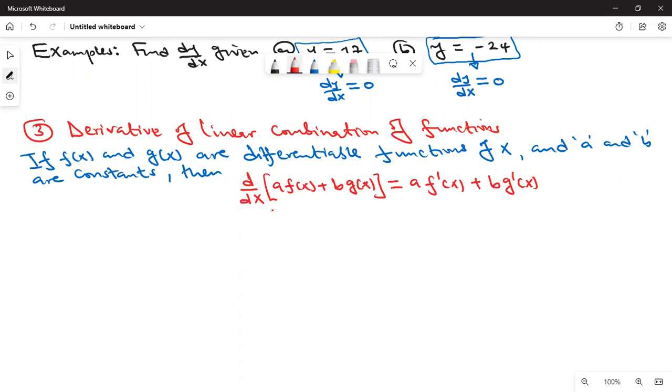That is called a linear combination of the two functions f and g. A and b are scalars, they are constants.